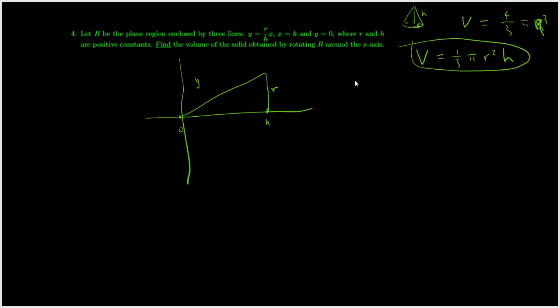This line has the equation y equals r over h, and then x. You see the slope is rise over run, right? Rise is r, run is h. I believe you can see it. That is the plane region. If you want me to shade, I'm shading the plane region.